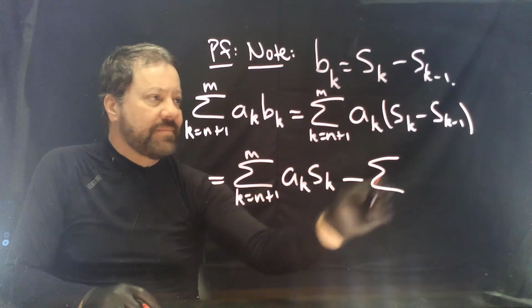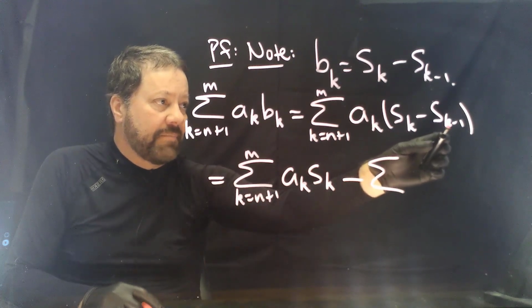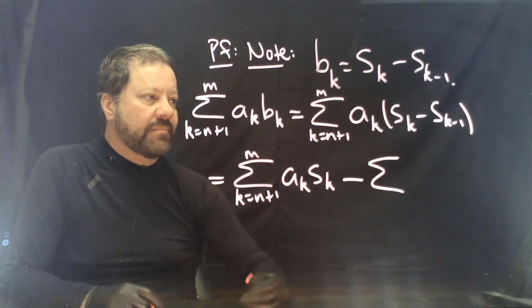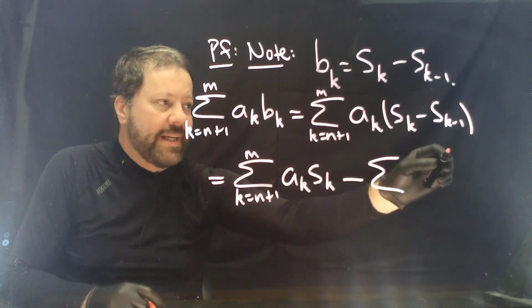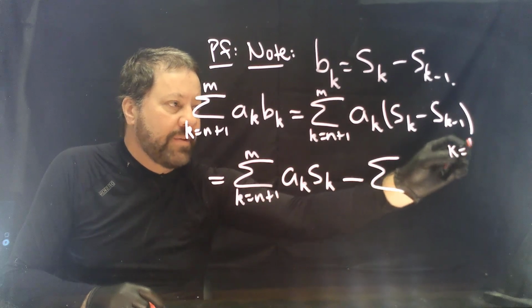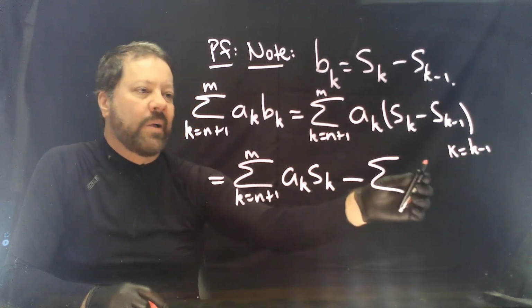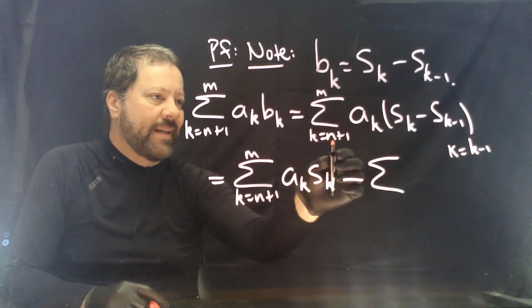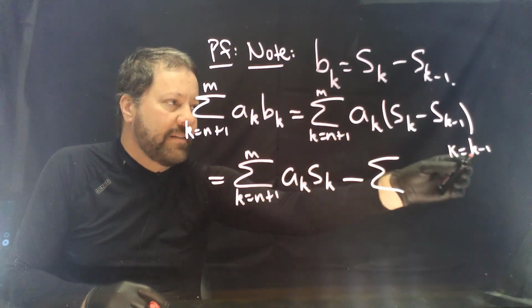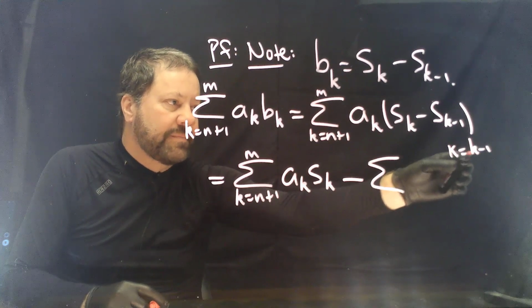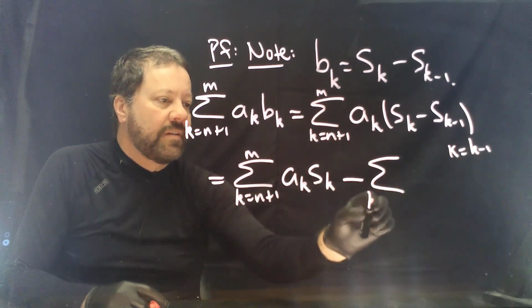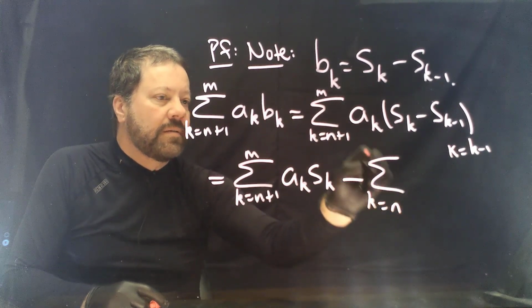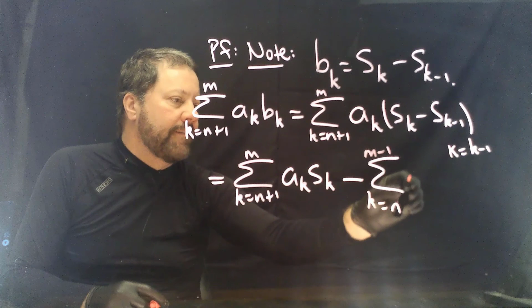But to do that, we have to replace k minus 1 with k. We'll have a new index. K will be the old k minus 1. So you can see then that when we plug n plus 1 in, here we would have n plus 1. We'll have the following.